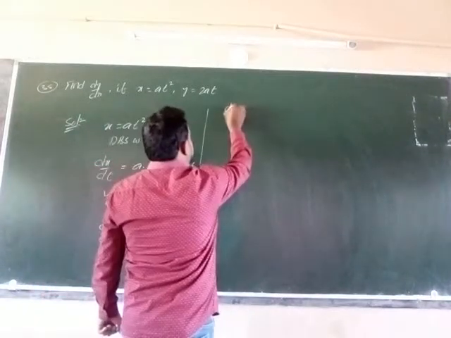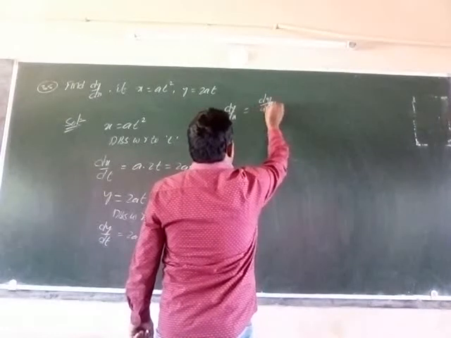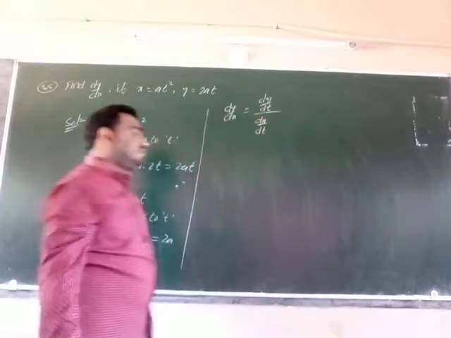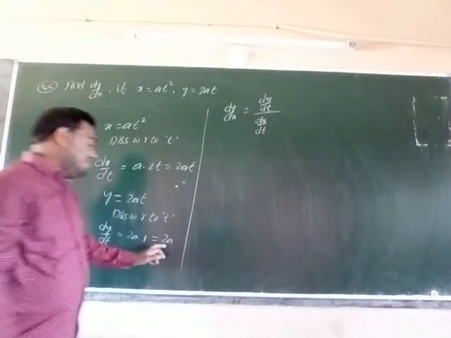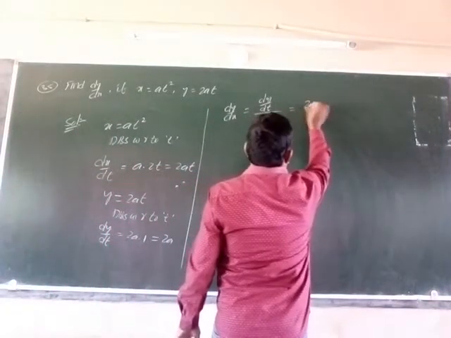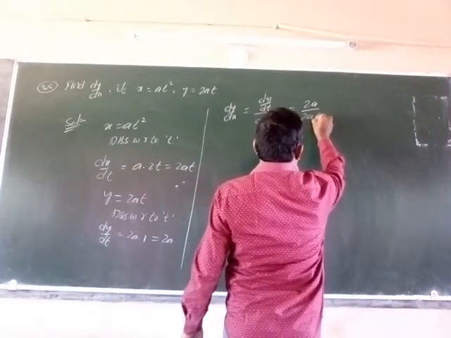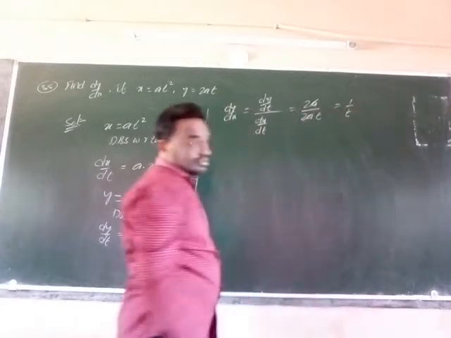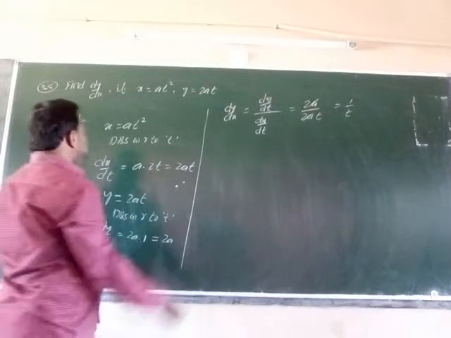Now dy by dx equals dy by dt by dx by dt, so 2a by 2at, which is 1 by t. That is the answer. Understood?